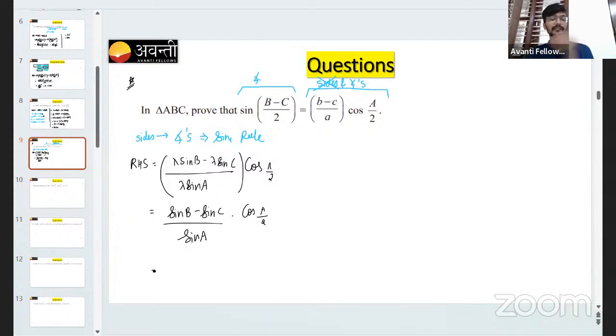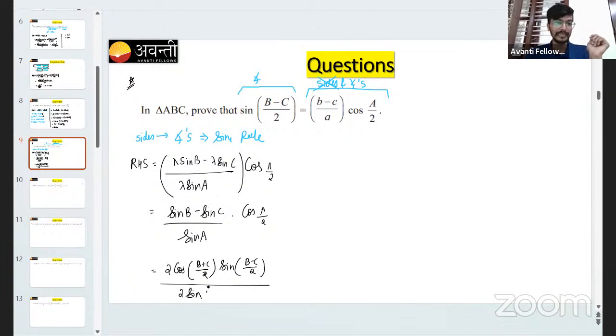By the factorization formula, 2 cos of (B plus C) by 2 into sine of (B minus C) by 2, upon sine A. If I use the half angle here, I can write 2 sine A by 2 into cos A by 2. And here it is already cos A by 2. So 2 gets cancelled, cos A by 2 gets cancelled.